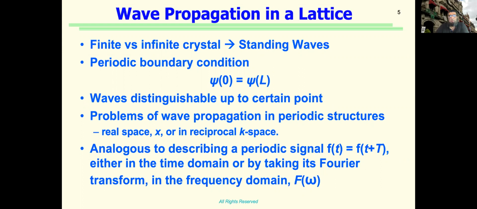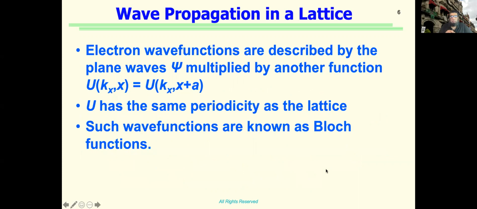Now, when we are looking at real space, we use x. When we look at the frequency or the waves, we use k-space. And just like we would define a function f of t, and then we would go in time from f of t to f of t plus capital T or some time period, in terms of waves, we will deal with the wave and then x, which will undergo a distance of lattice constant.